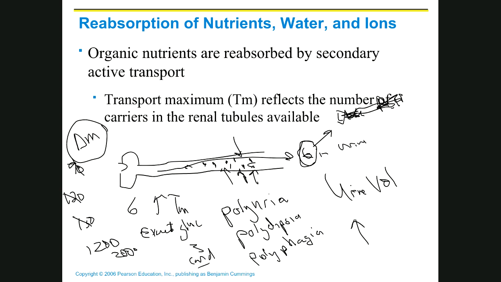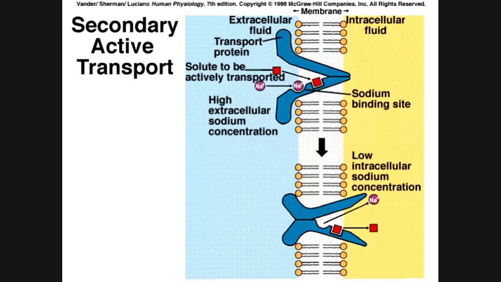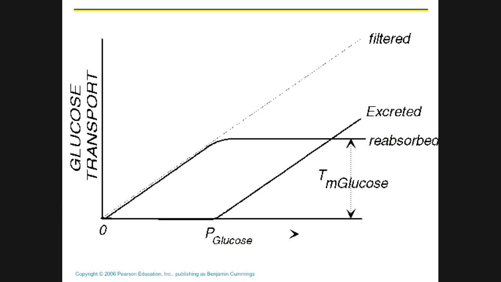So if I were to graph that, it would look like this. So look, here's glucose. And so my blood glucose, as it goes up, well, look, I haven't reached my transport maximum yet. And so as long as it's 10, 100, 110, 150, as long as it's less than my transport maximum, look how much winds up in the urine, 0.